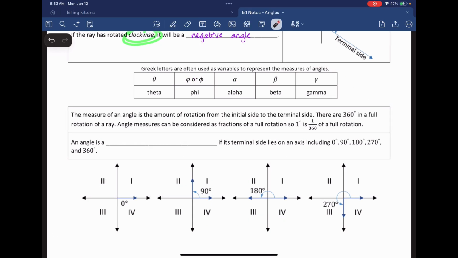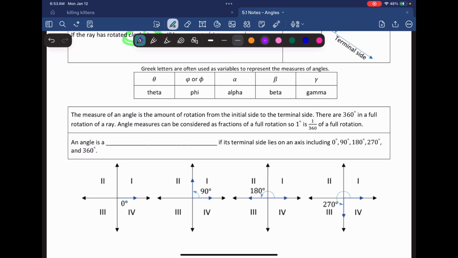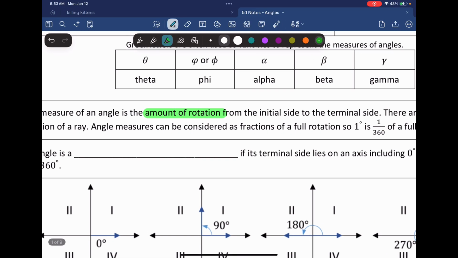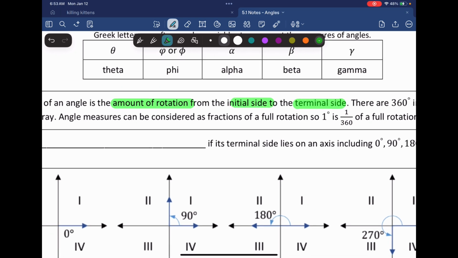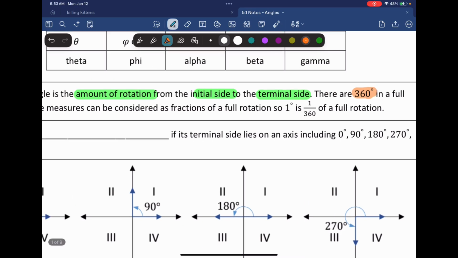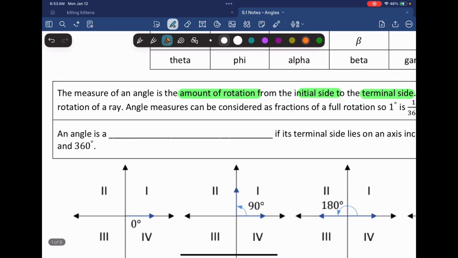All right, the measure of an angle is the amount of rotation. So it's the amount of rotation from the initial side to the terminal side. Our current measure is degrees. So there's 360 degrees in a full rotation of a ray.